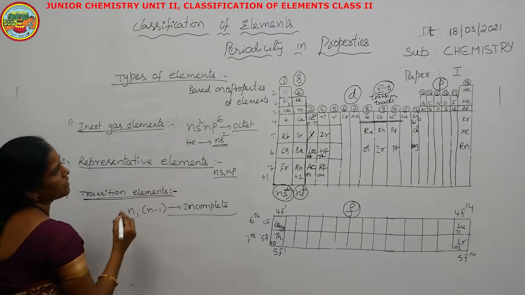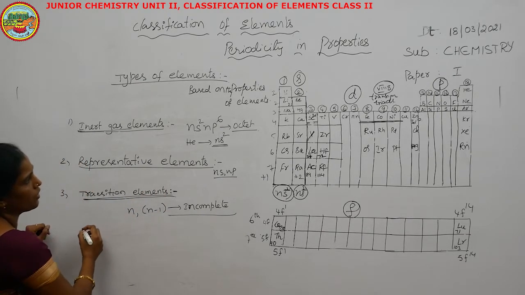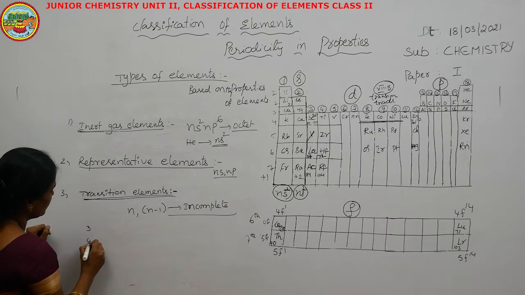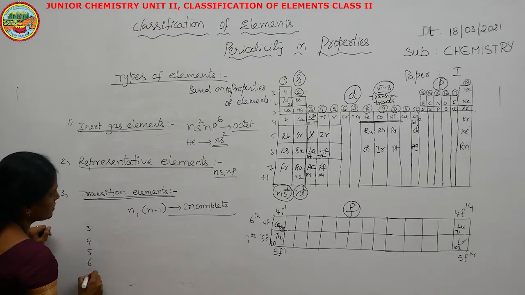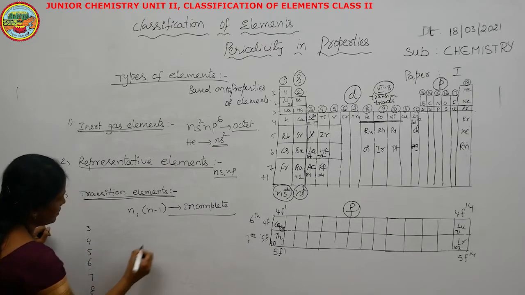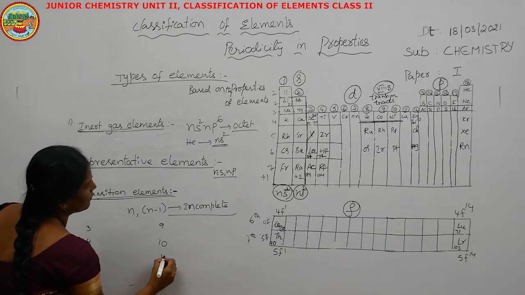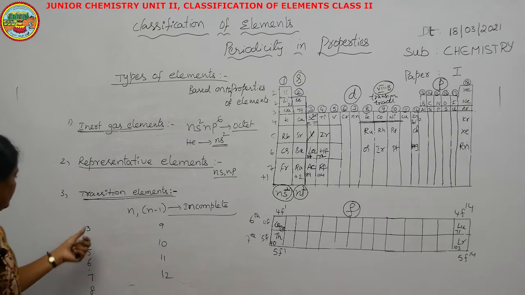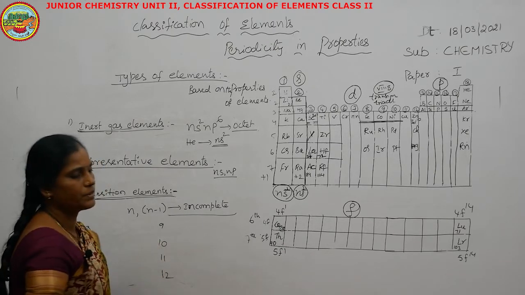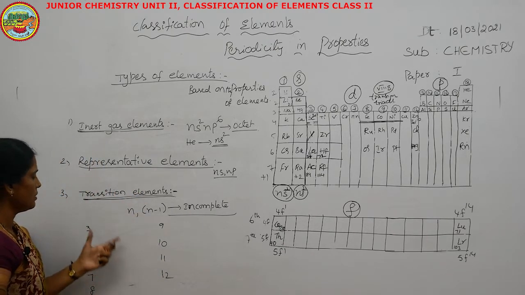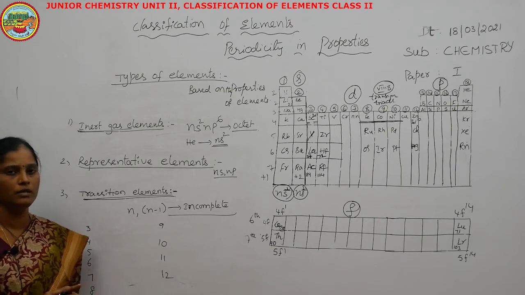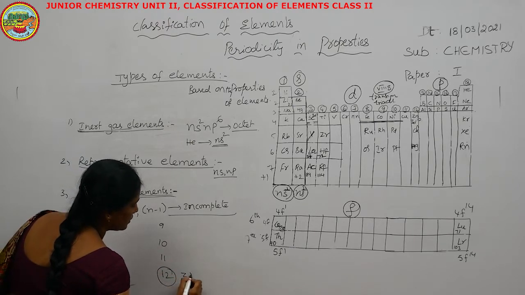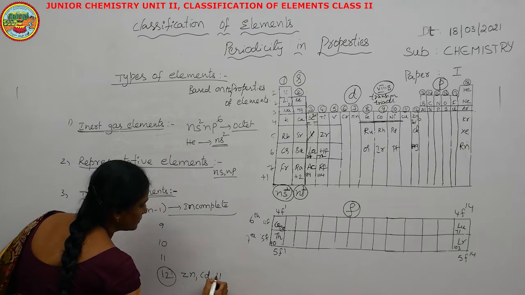See, if you consider the transition elements, d block elements, groups 3, 4, 5, 6, 7, 8, 9, 10, 11, 12. These are 10 groups that belong to d block. The elements present in these are called transition elements, but in case of 12th group, zinc, cadmium, mercury.